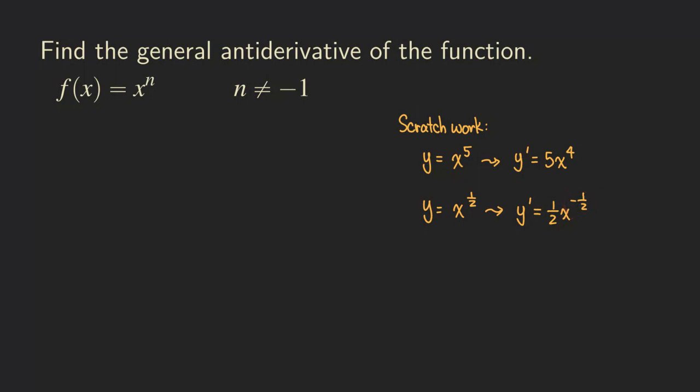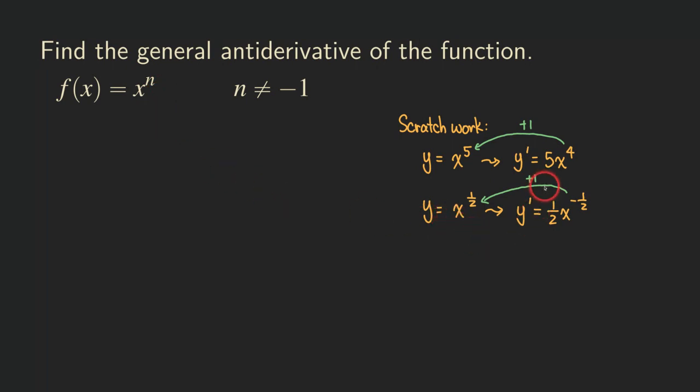The 4 becomes the 5 by adding 1, and the same thing here, the negative 1/2 becomes positive 1/2 by adding 1. This is something we can apply to our n power right here.